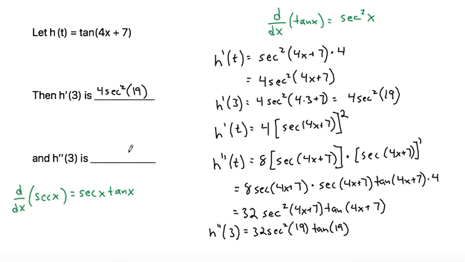And this would be our h double prime of 3. We could again find what this is in a calculator to find the decimal approximation, but this is the exact answer.